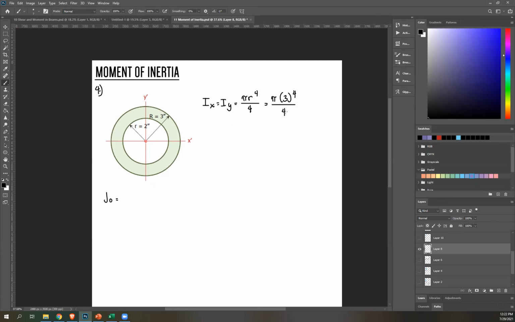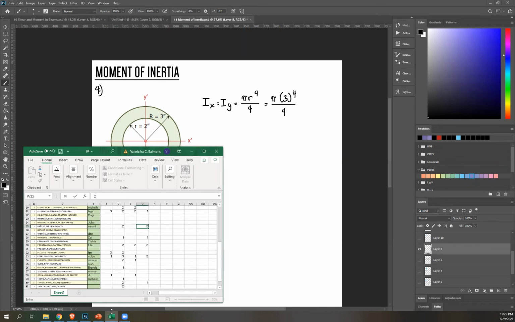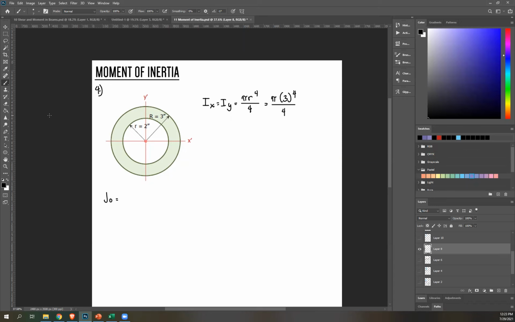So, Pochero Bueno. It's 81 pi over 4, or you can also write it as 20.25 pi. Again, I like writing it in terms of pi because I don't have to store it in my calculator. So now we have the moment of inertia of our area, total area.